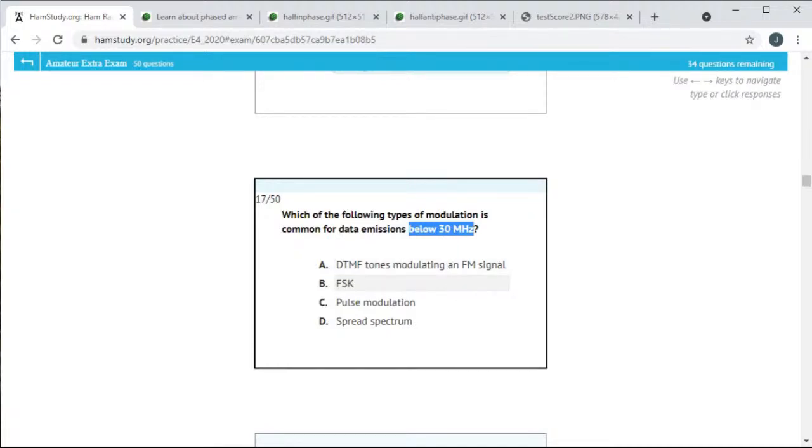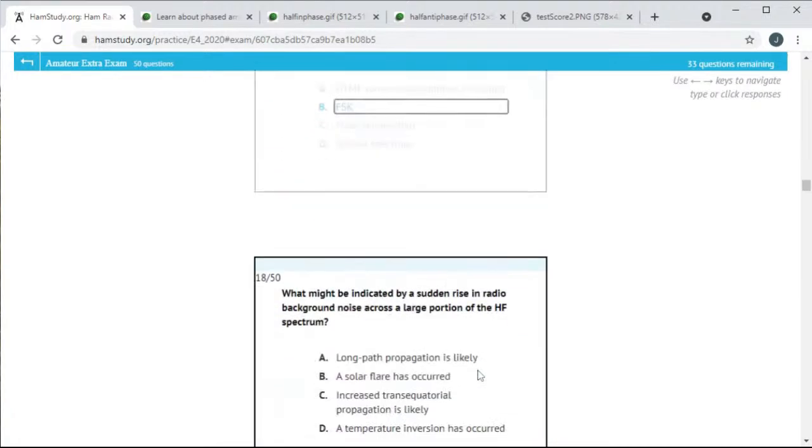A, DTMF tones modulating an FM signal. That's not true. B, FSK, that's quite possibly true. C, pulse modulation, and spread spectrum. I'm going to go with FSK, frequency shift keying.